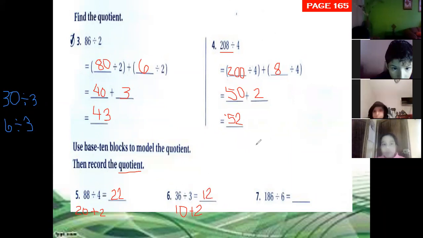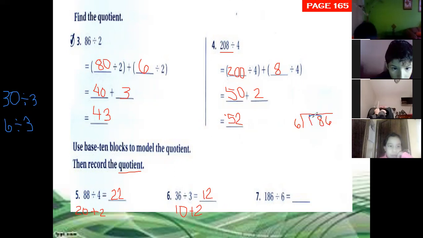Okay, the last one. Let's make a long division. I'm going to do this one as a long division. 186 divided by 6. I am going to work with 2 digits. If I work with only the number 1, I can't divide it because 1 is less than 6.